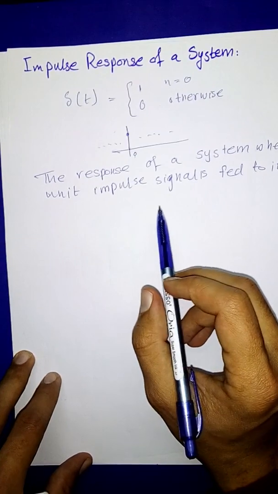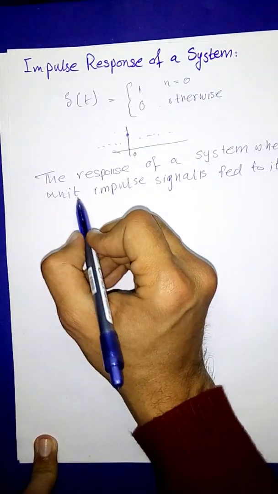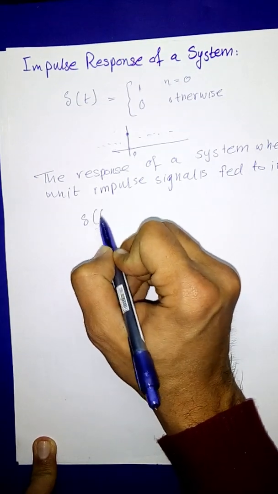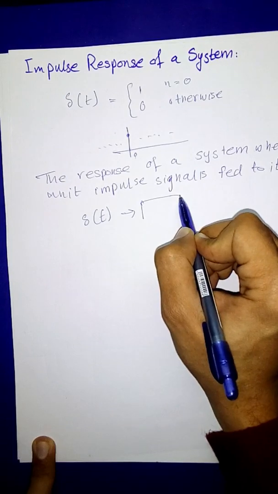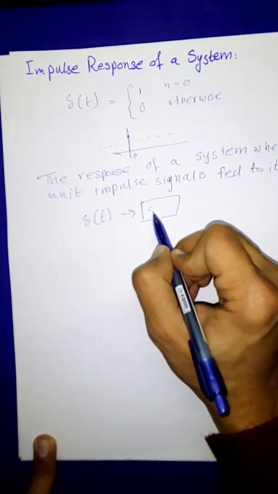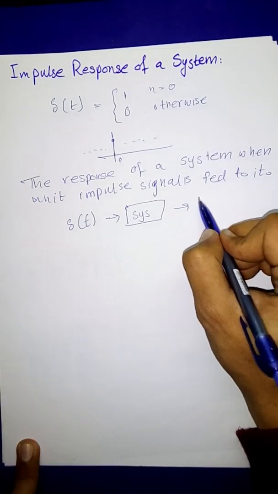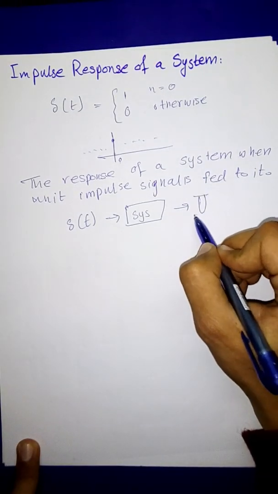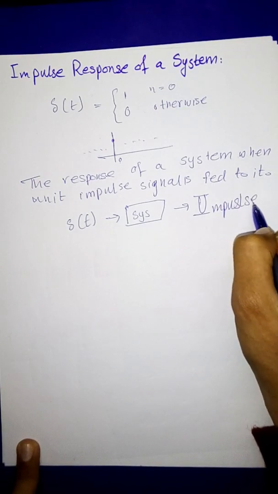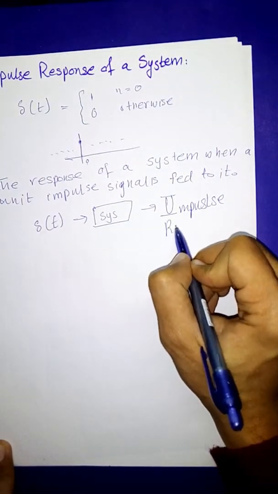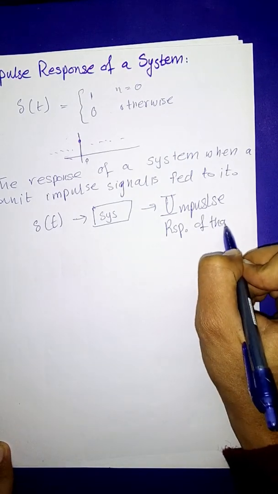So when we apply a unit impulse on a system, and we provide it on the input side of a system, the result we will obtain is the unit impulse response, the impulse response of that particular system.